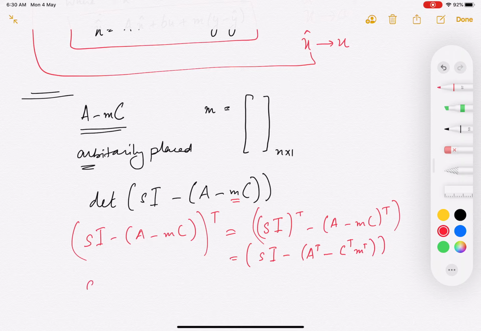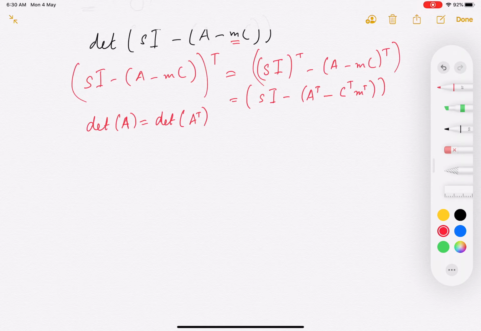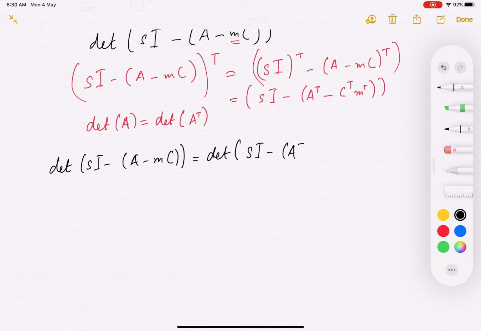And we already know that the determinant of some matrix A is equal to the determinant of the transpose of the matrix. So this implies that the determinant of sI minus (A minus MC) is equal to the determinant of sI minus (A transpose minus C transpose M transpose).